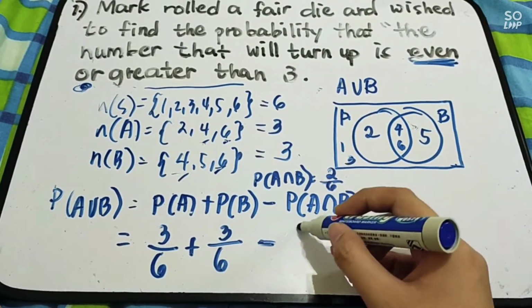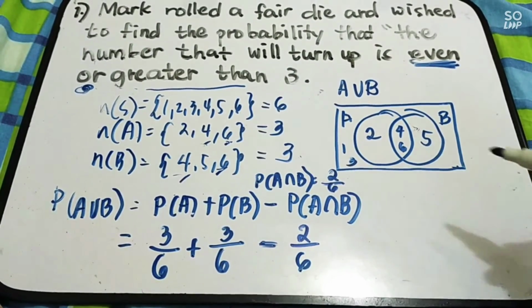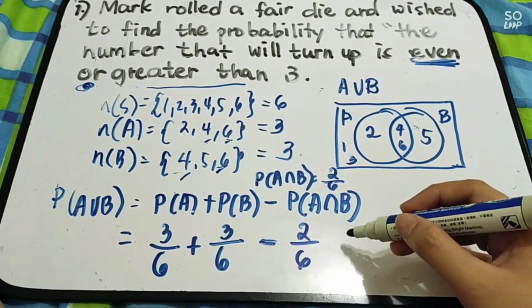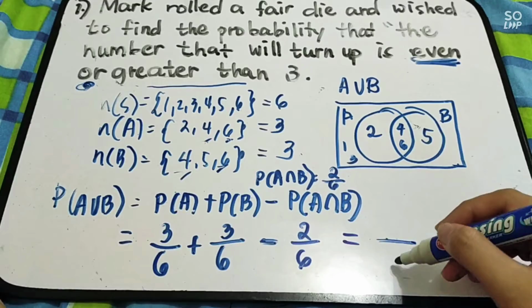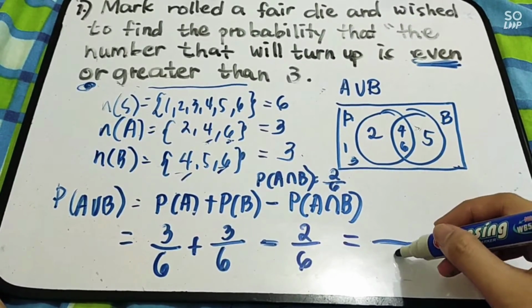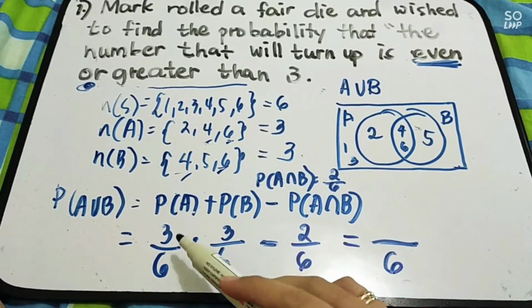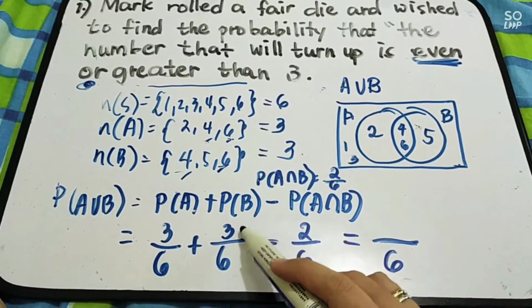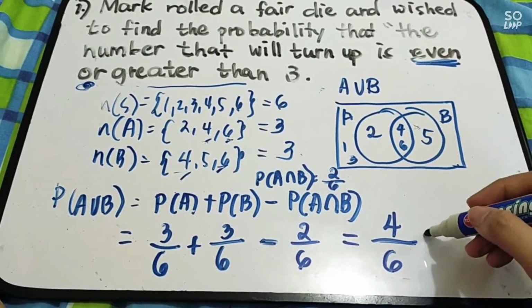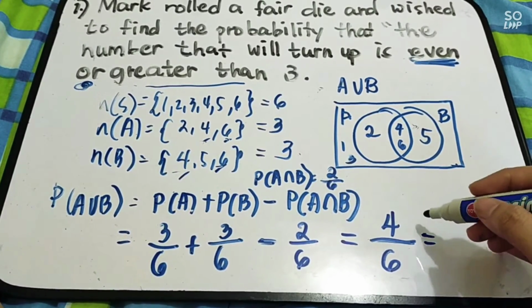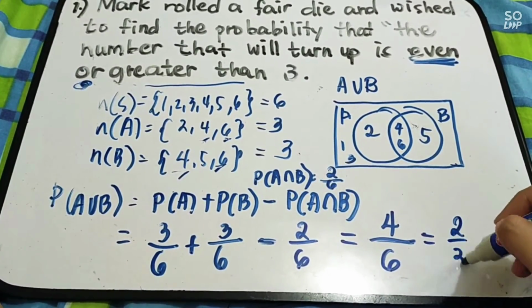So, minus 2 over 6. Since pare-parehas naman yung kanyang denominator, just have a right 6, copy. Then, 3 plus 3, we have 6. 6 minus 2, the answer is 4. Ayan na. Then, simplify further, we have 2 over 3.